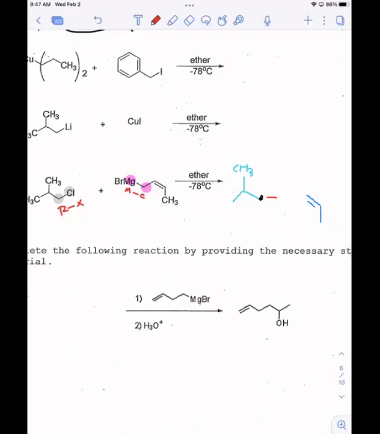Yeah, so put the dot back in. Okay. Yeah, so that's the carbon right there that's highlighted in pink.